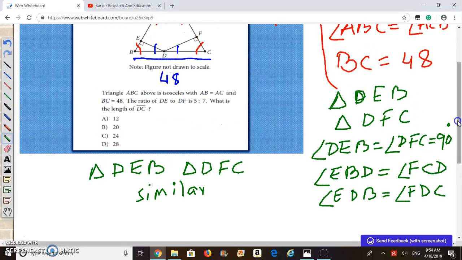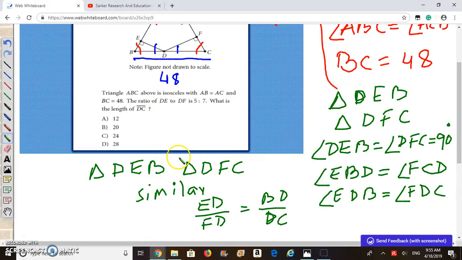So this side by this side will be this side by this side. Let me write this down so that we can understand. So we can say that ED by FD equals BD by DC. The similar sides are in proportion.